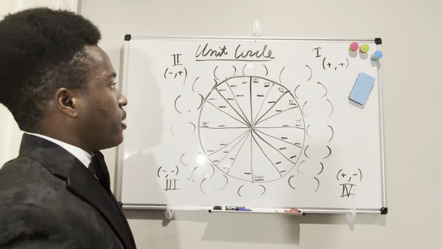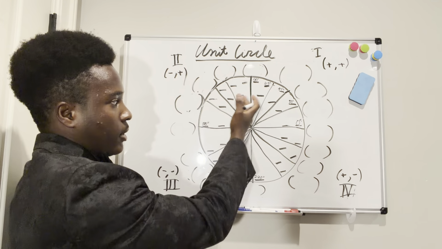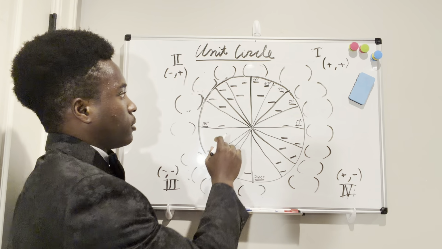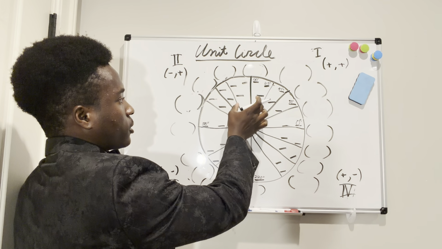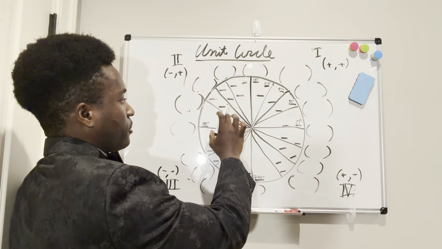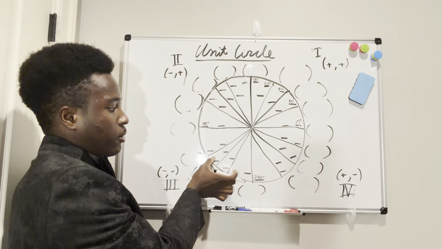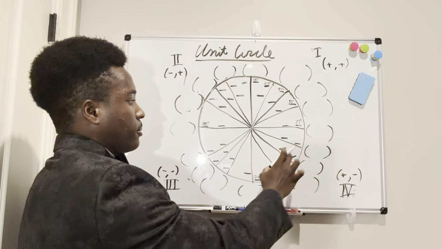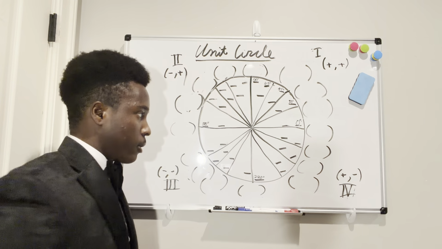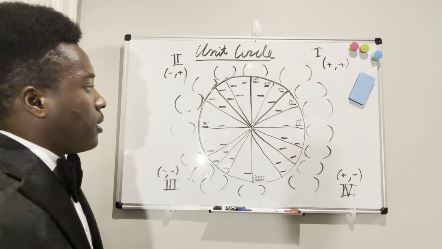Over here, we have the same inference throughout the whole unit circle. So we know that this is also going to be another 30 degree jump, and another, all the way around.